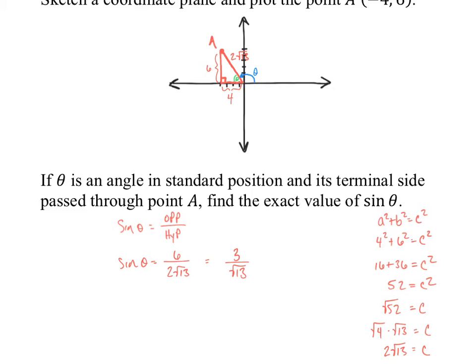And as we saw, we don't want to leave these with a radical in the denominator, so I'm going to choose to multiply this by the square root of 13 over the square root of 13, and that's going to leave me with 3 radical 13 over 13. And that is our final answer, and turns out that is the value of sine of this angle.